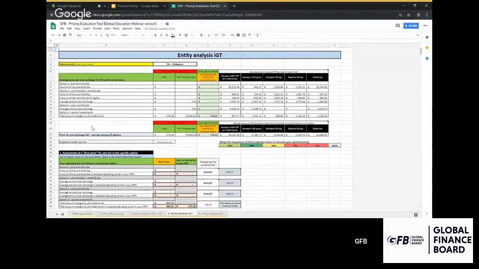The 4 options are: option 1, only a one-time fee, meaning the product is charged with just one payment for the whole duration of the product. Next would be a one-time fee plus monthly fee, meaning there is a one-time administrative fee plus a monthly servicing fee that is charged in different months.